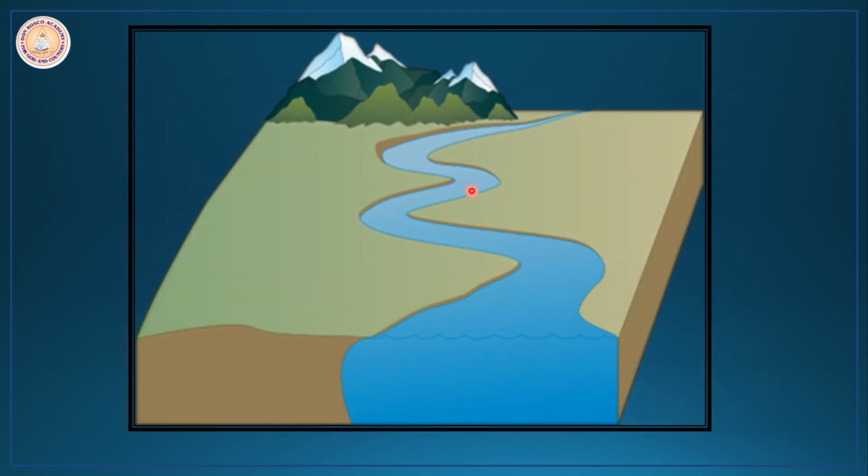You can see over here on the diagram how the land is gradually sloping. That is why the river is also taking the same slope. They are found in all types of climatic regions.